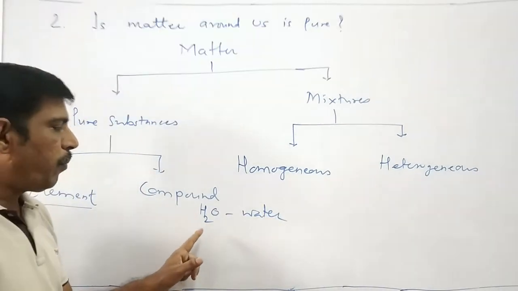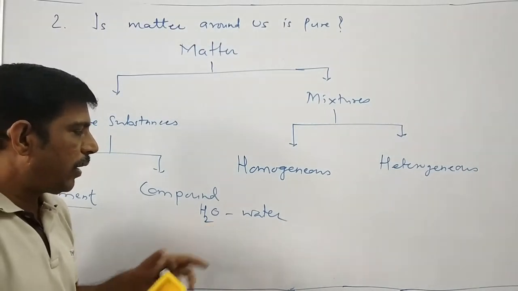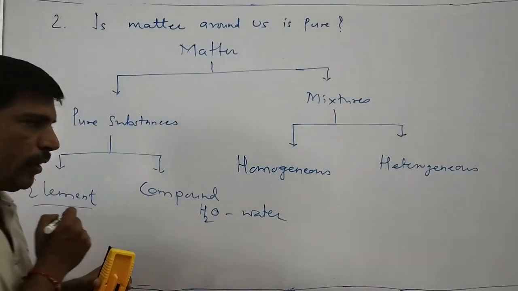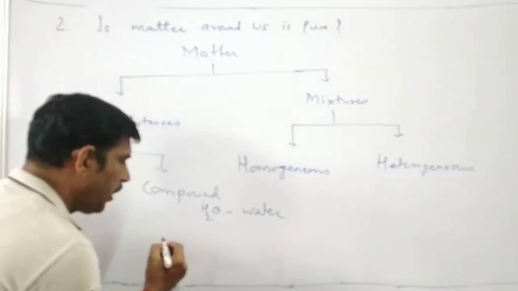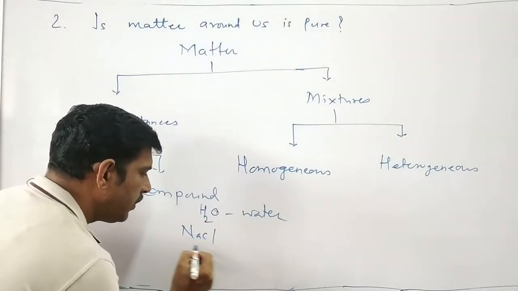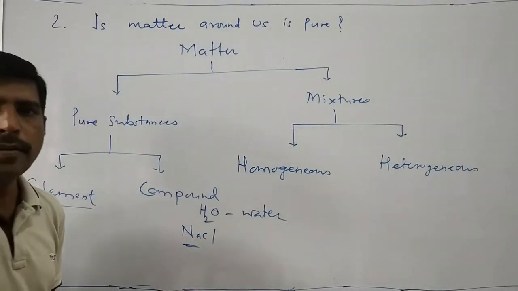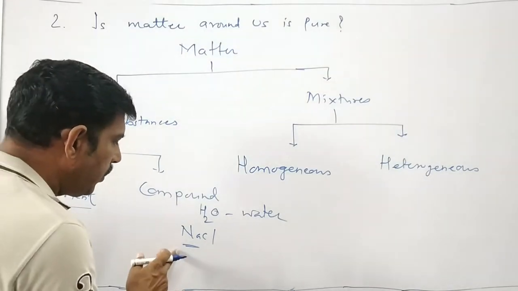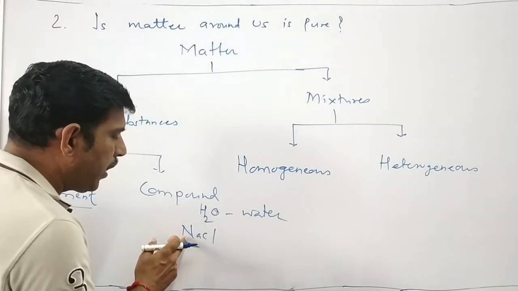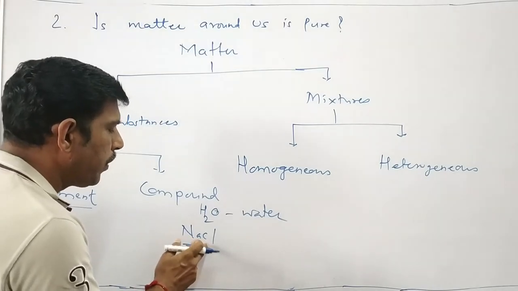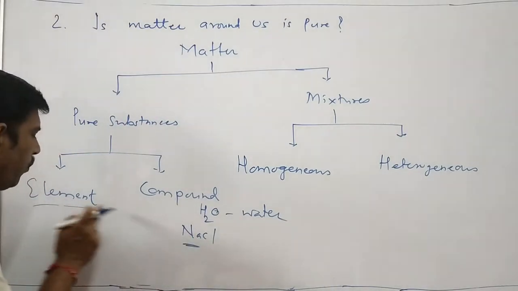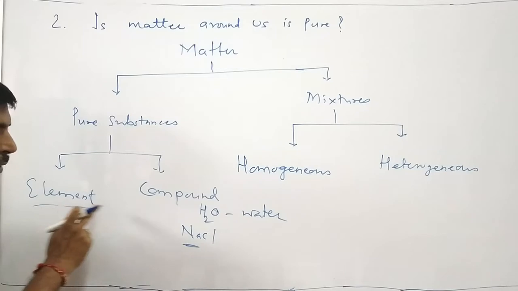It is formed by two atoms of hydrogen and one atom of oxygen. Then again, sodium chloride, NaCl, our common salt or table salt. How is it prepared? It is prepared by a sodium atom and a chlorine atom, an atom of sodium element and an atom of chlorine element.